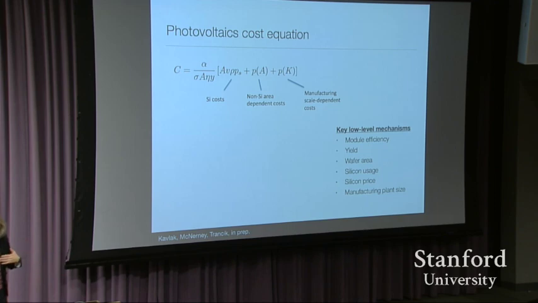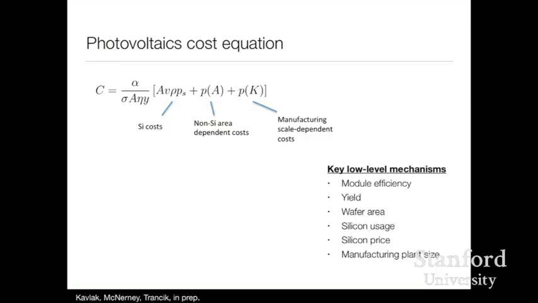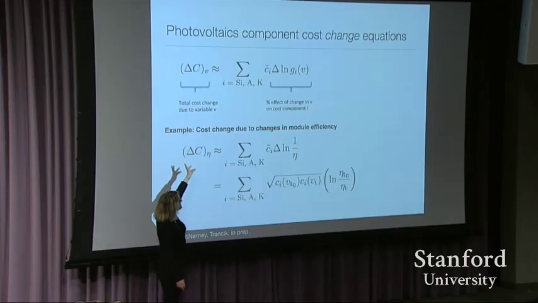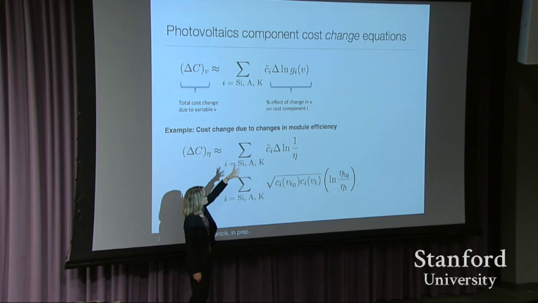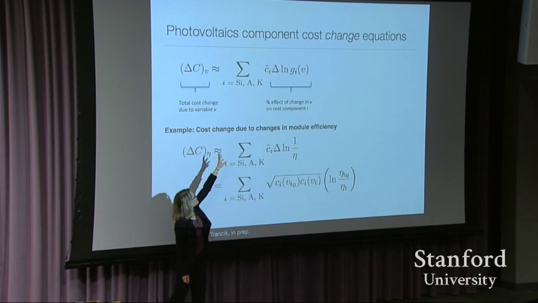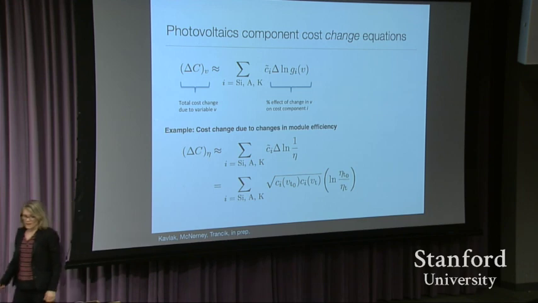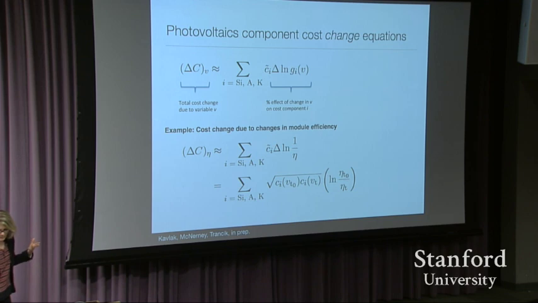And going from here, we need to develop cost change equations for each of these key low-level mechanisms. So for example, if I want to look at the effect of a change in variable V on the overall module cost, I want to look at the change over the silicon-related costs, the non-silicon area-dependent costs, and the manufacturing scale-dependent costs.